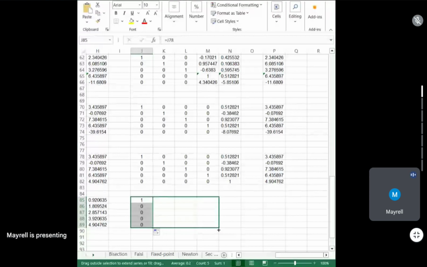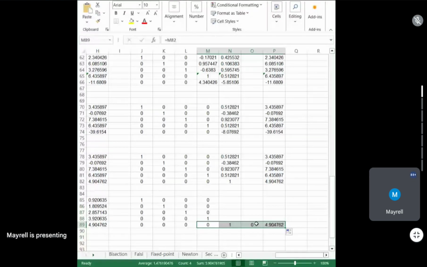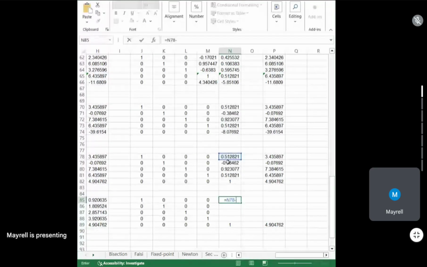So let's start with row 1. The element in row 1 minus our M is this element in A15, that is in cell N78 times row 5.